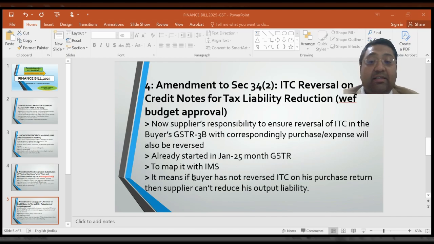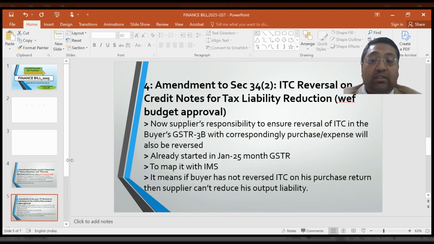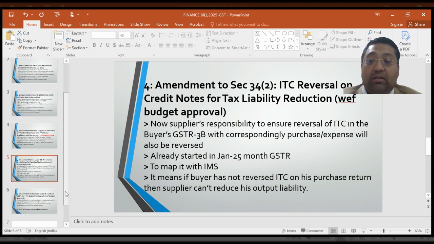If the buyer doesn't reverse the ITC, the supplier can't reduce his output tax liability. This has already been started in Jan 25 GST returns and will be matched with IMS. This is a welcome change. Government has shifted the onus of this to the supplier.